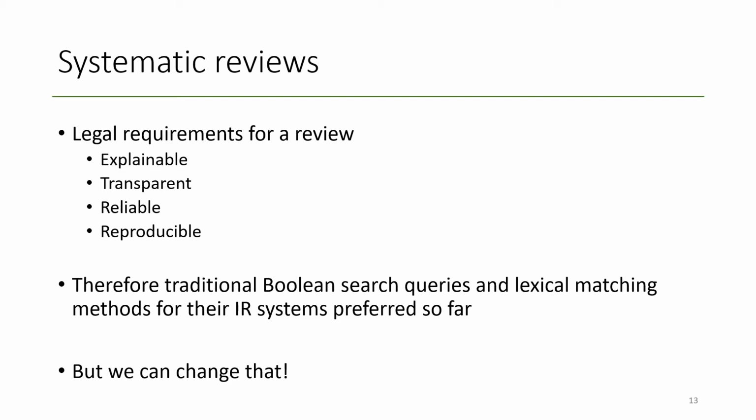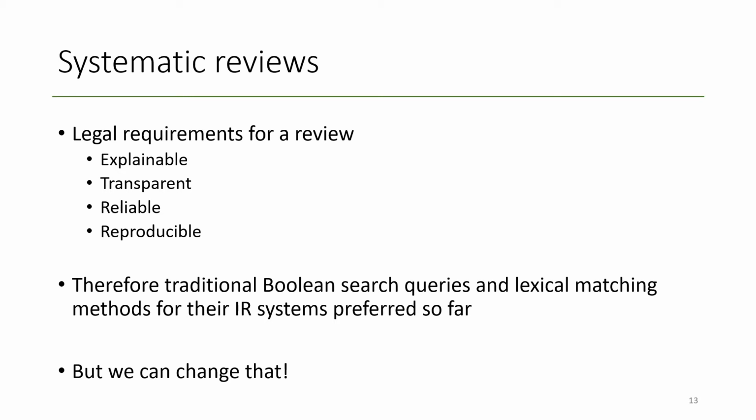And because of those requirements, so far traditional Boolean search queries and lexical matching methods are dominant in this field of IR, because with this they can easily explain, for example, why some studies didn't get found, because they only do lexical word matching, and if one word of the search query is not in the document, it will not get found.